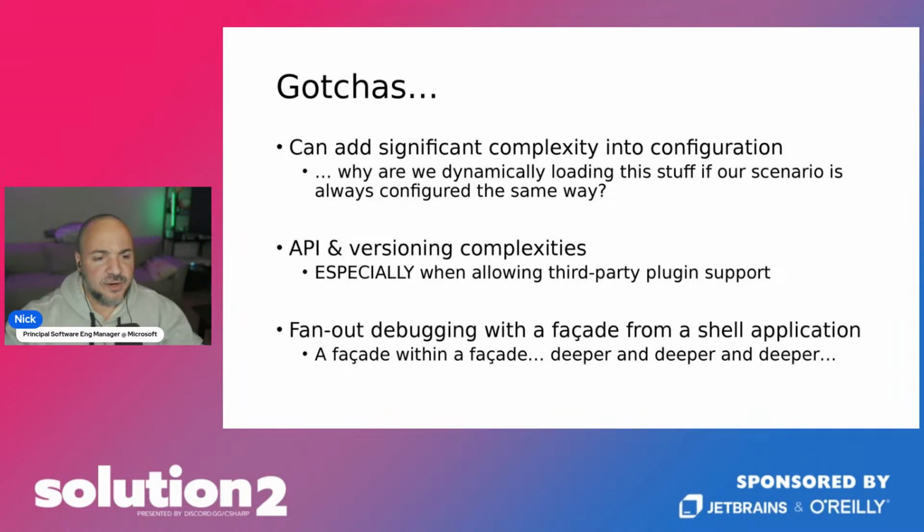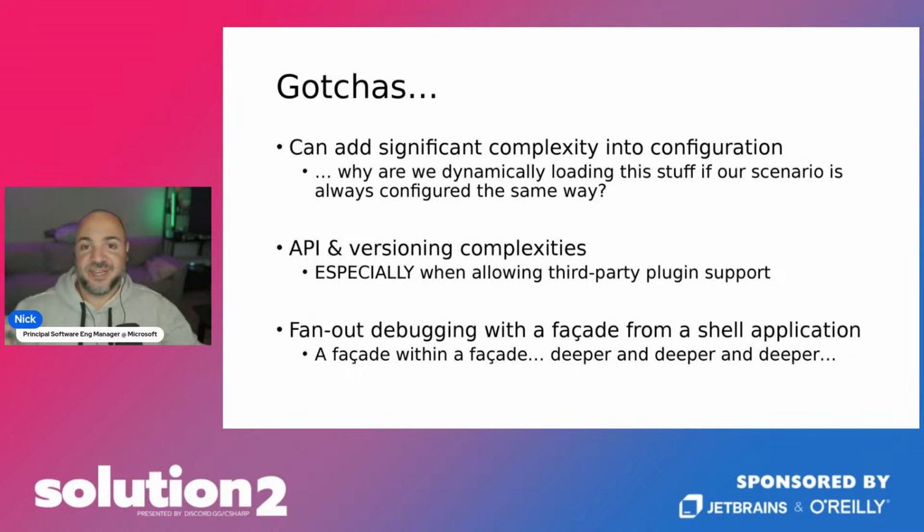I wanted to add in here what I call a fan-out debugging challenge. When you're using a facade, this is kind of unique to facades and plugins being used together. You might be debugging something and you're like, cool, I'm calling this method. And then you step into it and you're going, oh, wait, it's a facade that can potentially branch out to 100 different plugins.